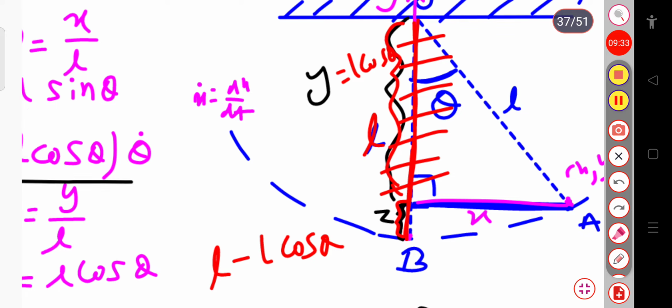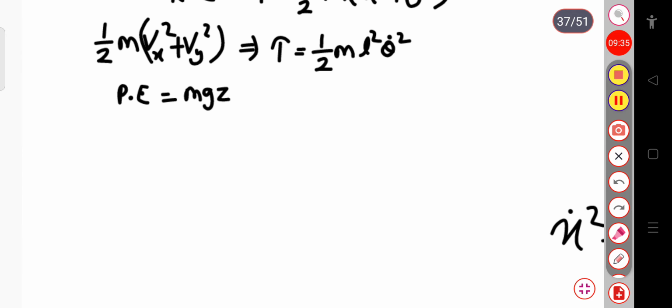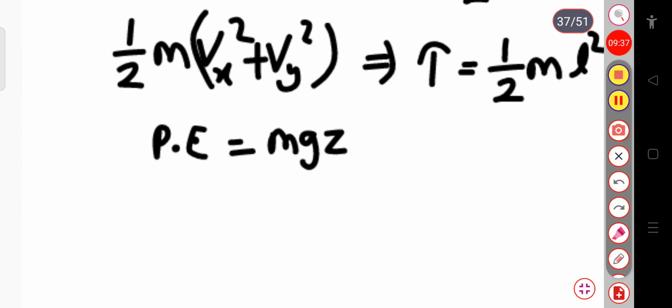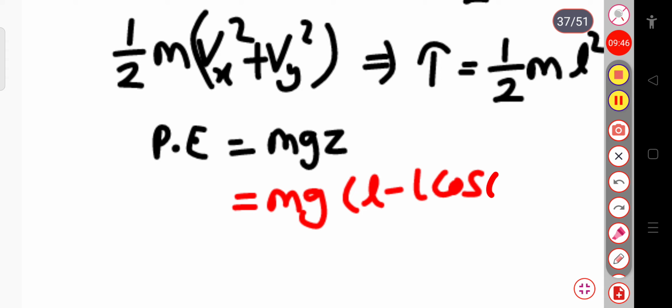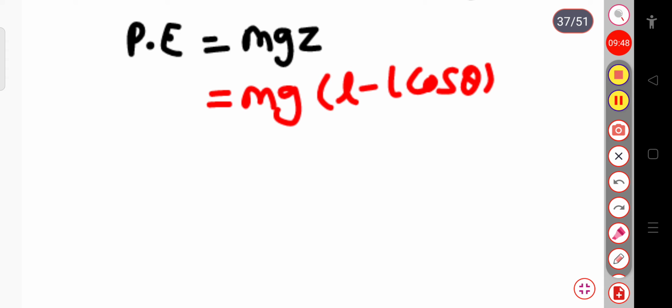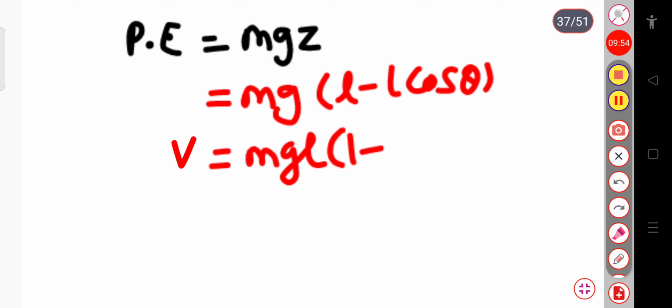Now here I will write: the potential energy will be equal to mgz, and that is equal to mg into L minus L cos theta, or simply if I take L common, then this will be equal to mgL into 1 minus cos theta. This is the potential energy V, mgL into 1 minus cos theta.